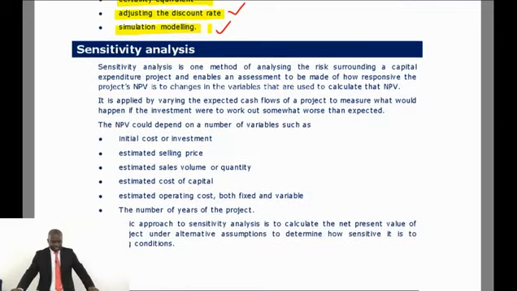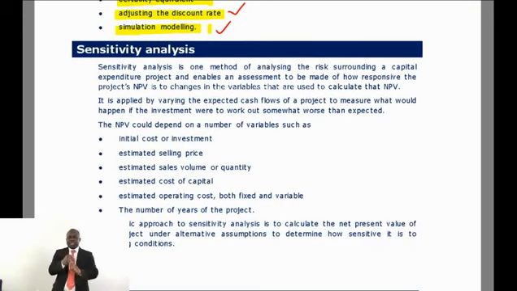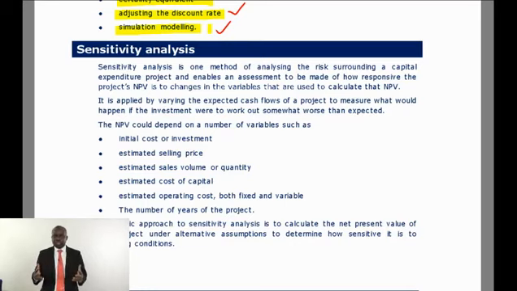What is sensitivity analysis? We all said to calculate NPV, you need three variables. You need the number of years, you need the relevant cash flows, you need the appropriate discount factor. The moment any of these variables will change, the NPV obviously will change.